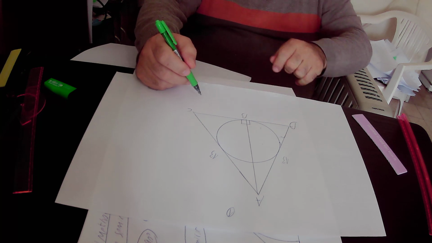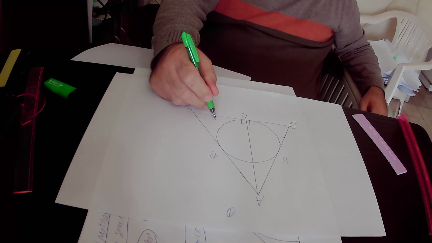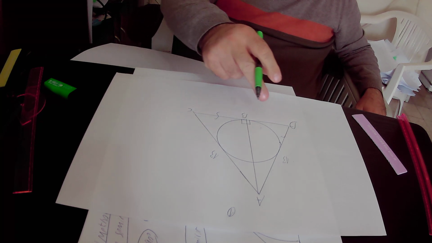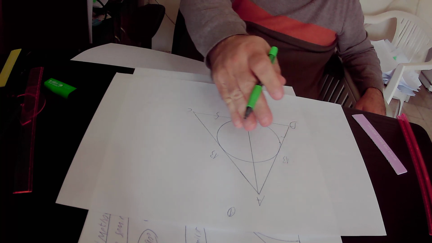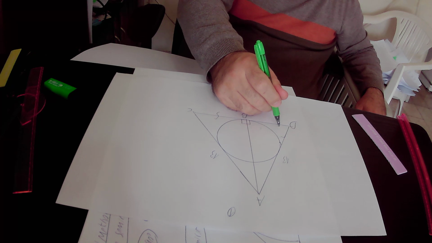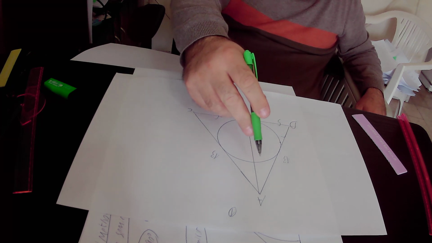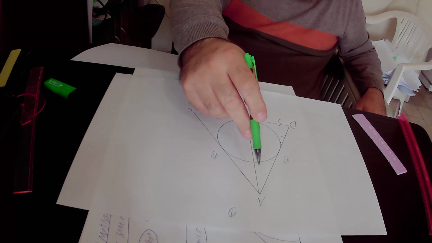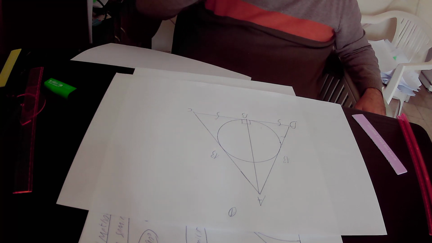triangle. BC equals 5 units, and this is the mirror image of this, so DB will also equal 5 units, and AD will also equal 13 units, exactly as AC.